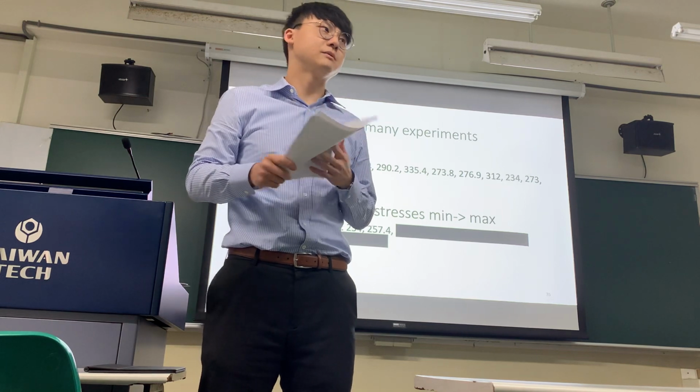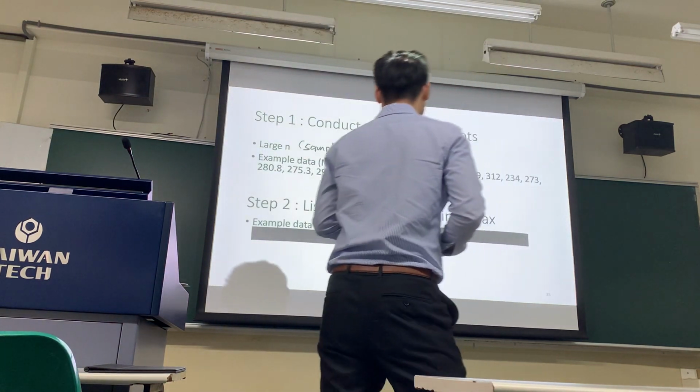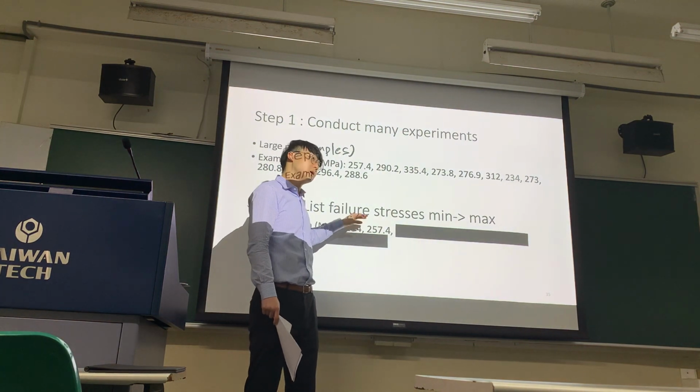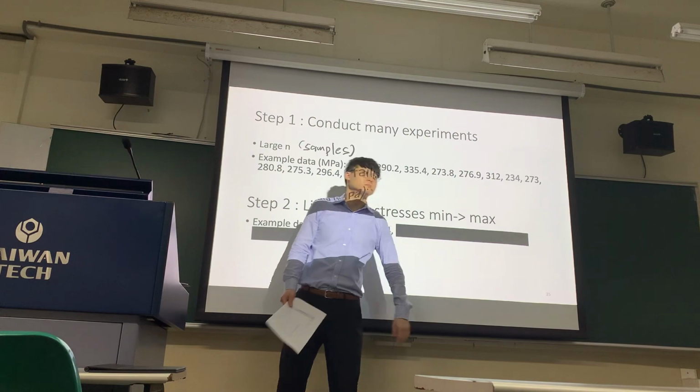从最低到最大。Alright, so I already gave you the first two numbers, 234, 257.4. List the minimum number all the way to the maximum.